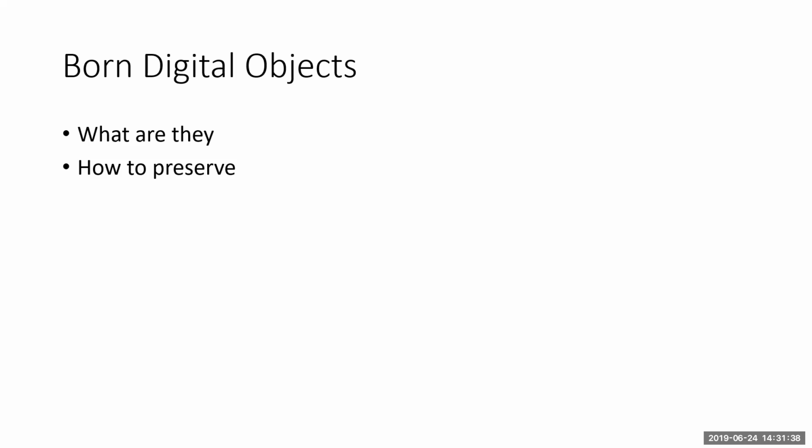With born digital objects, if you're looking for more information, I suggest going to the Society of American Archivists website. They have an education tab with information about a lot of different things on there. I would just take a look around, because born digital objects get a little technical.